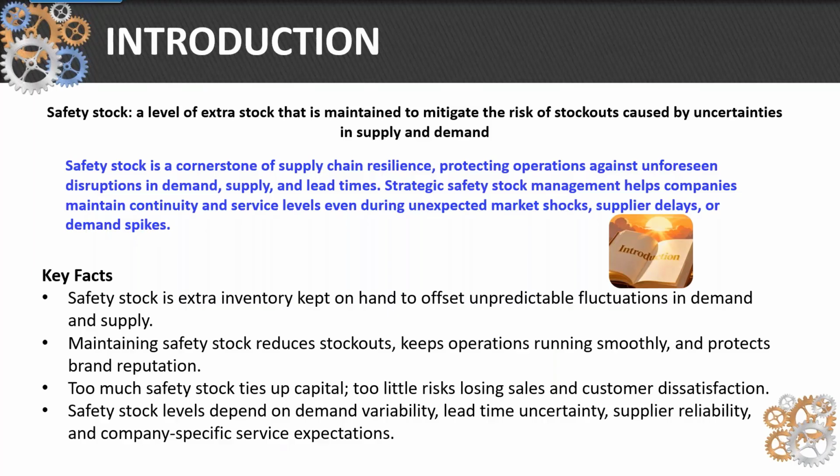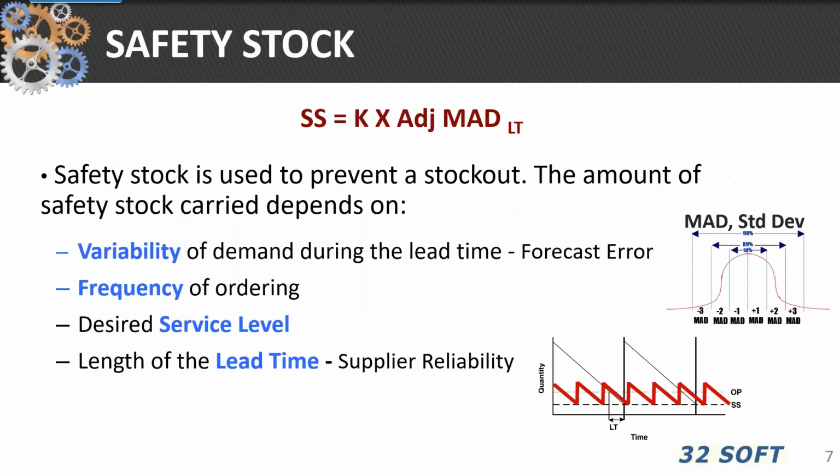Safety stock is a cornerstone of supply chain resilience. It protects operations against unforeseen disruptions in demand and lead times. Strategic safety stock management helps companies maintain continuity and service levels even during unexpected market shocks, supplier delays, or demand spikes.